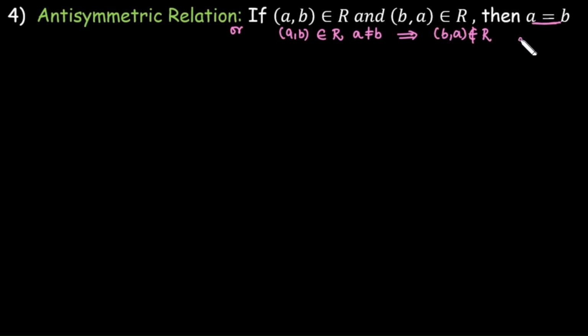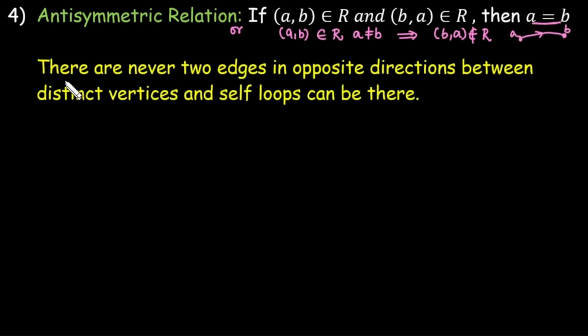It's like if there is an edge from A to B, then the reverse edge should not be there. So in general, we can say that a relation is antisymmetric if there are never two edges in opposite directions between distinct vertices. Moreover, self loops can be there, meaning such types of elements can be part of the relation.